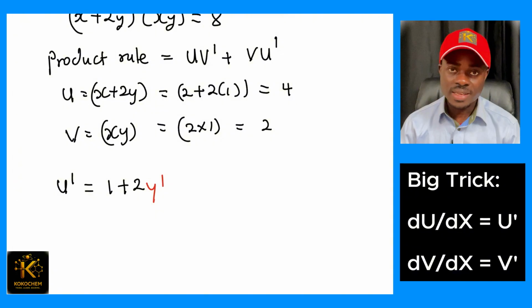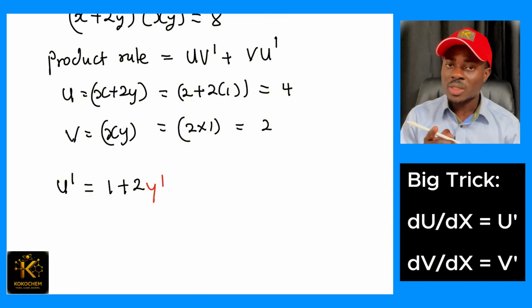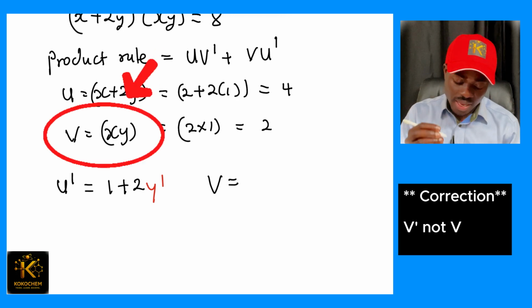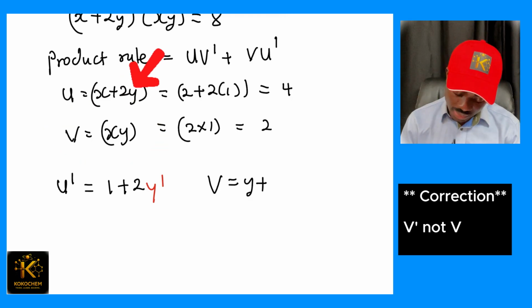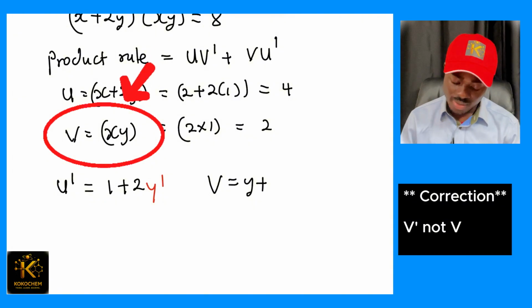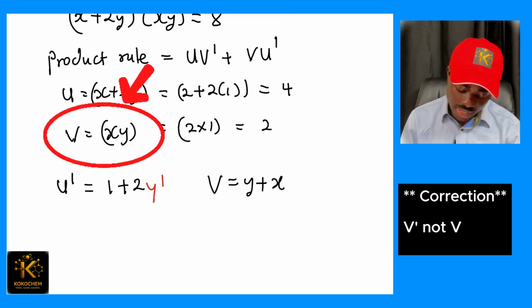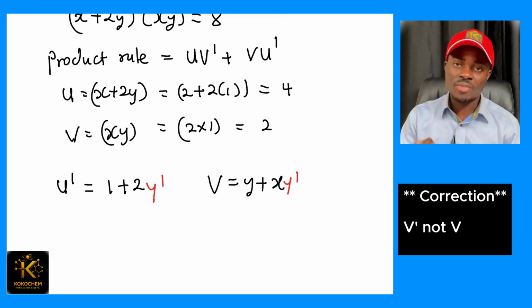Then for v, we differentiate the whole product xy using the product rule: differentiating x with respect to x gives y, plus differentiating y gives x times y prime, so v prime is y plus x y prime.